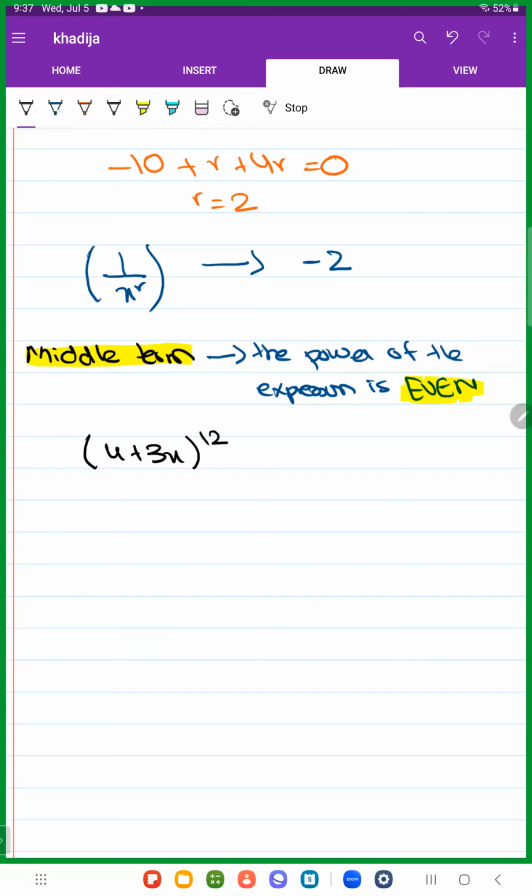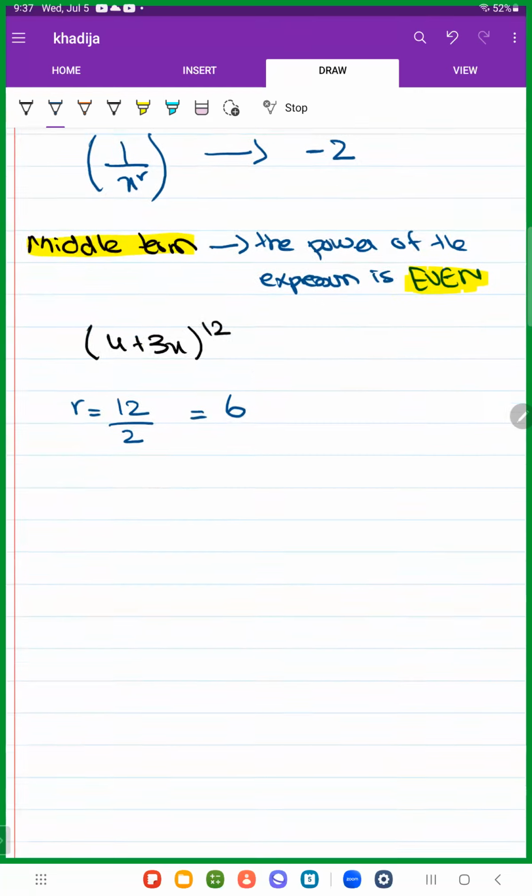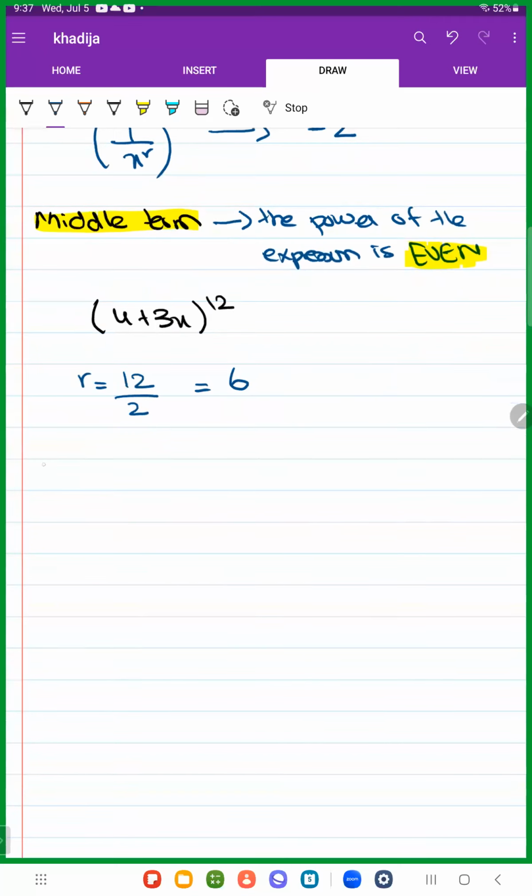So when this happens, your r will be equal to whatever the power of the bracket is upon 2. So over here, I'll plug in r as 6. Similarly, like always, you'll do 12C6, a to the power 6, and b to the power 6. Okay.